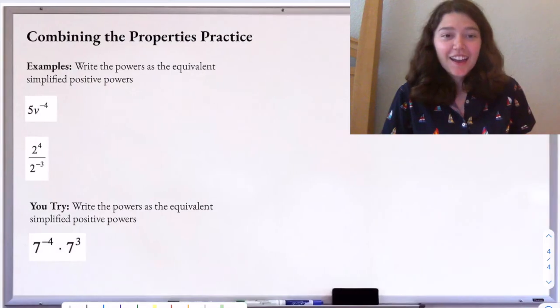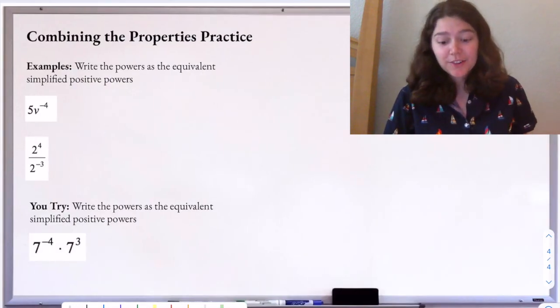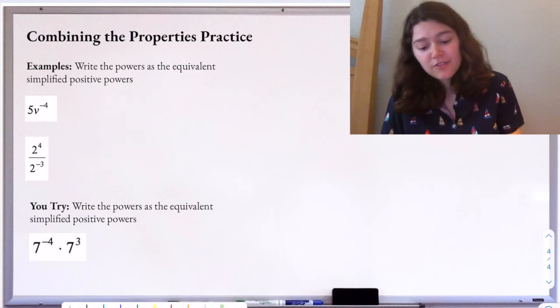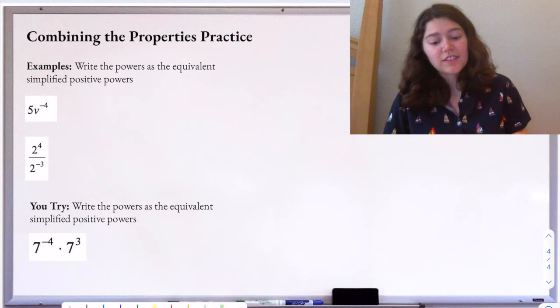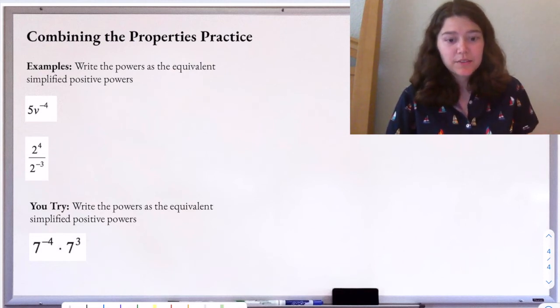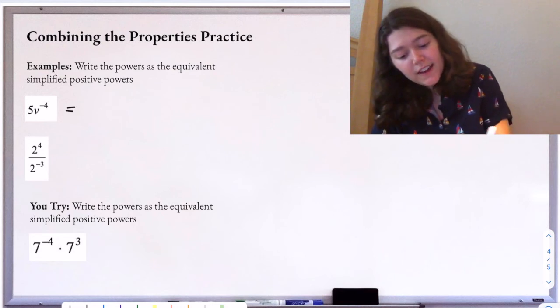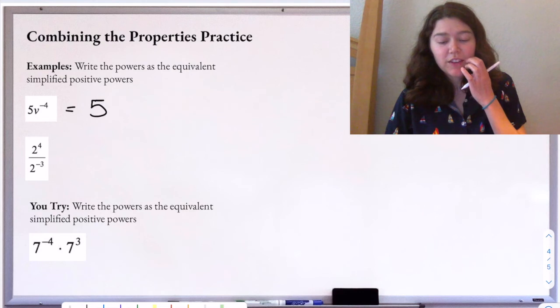Great. And now let's just look at some examples of combining all the properties together. So here I have 5 times v to the negative 4th power. The directions say to write the powers as the equivalent simplified positive powers. Okay, so 5 is just a number. It's not being raised to any power. I'm going to leave it as is.